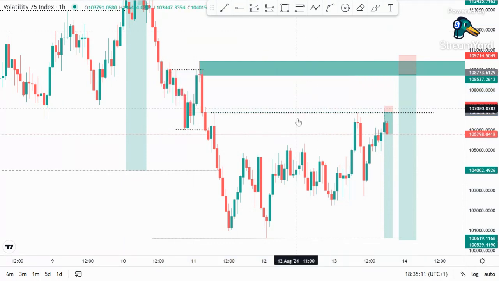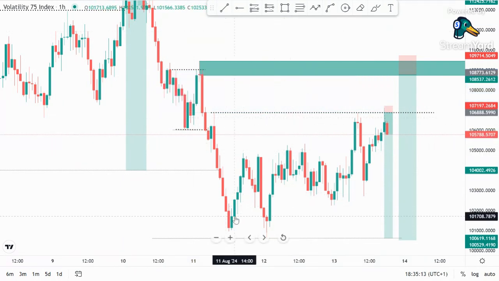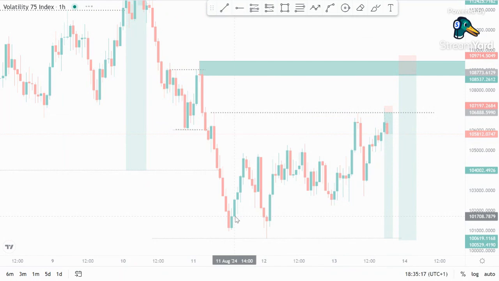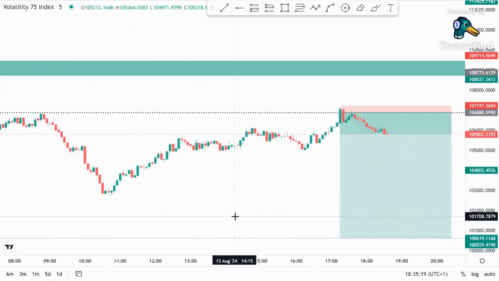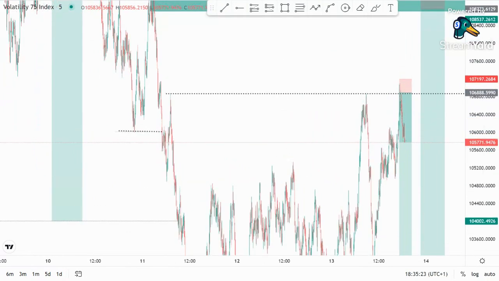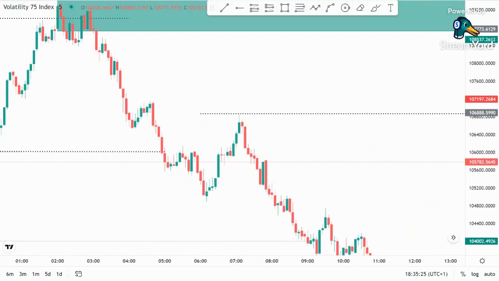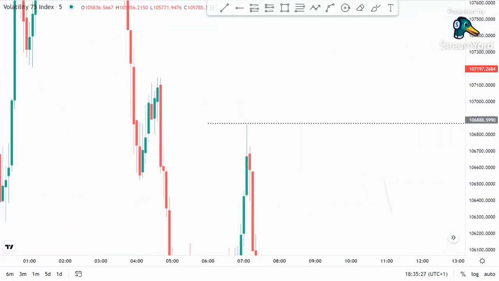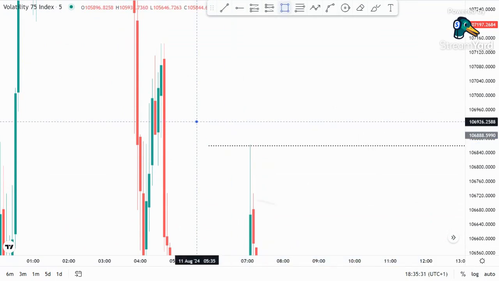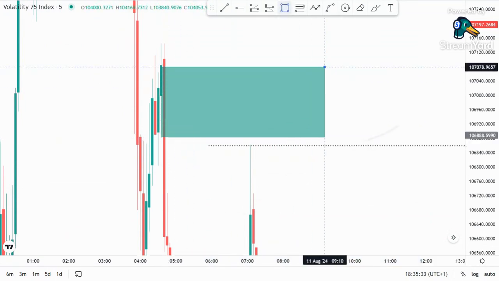So I went down to like 5 minutes, right? You can see we're even in profit. I went down to 5 minutes to look for another block that had not been used. If you look at this very closely, you see that price hasn't mitigated it.